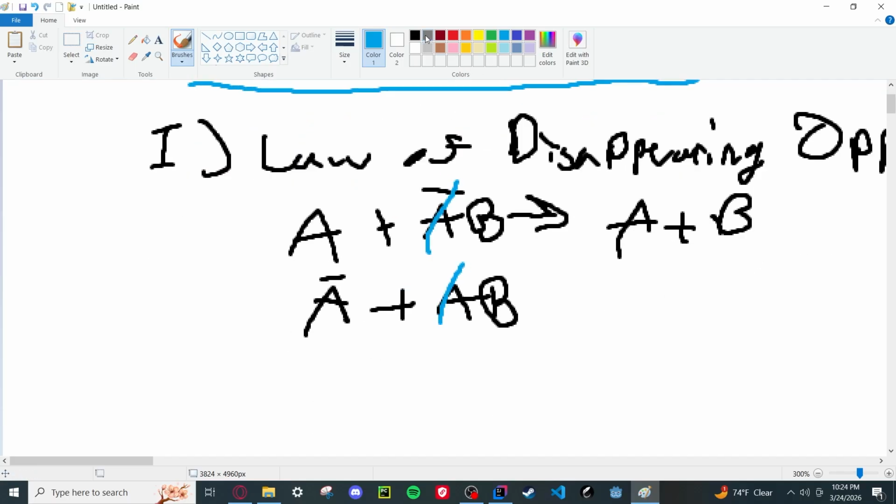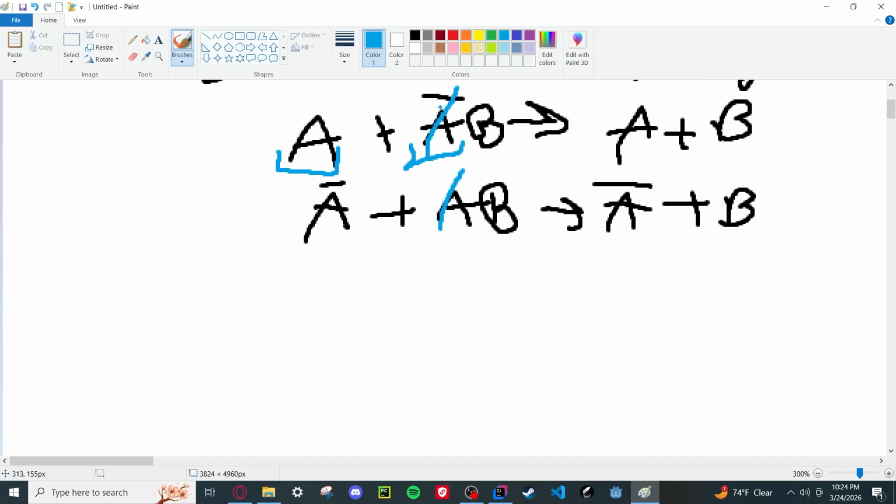So we can silence that and make it disappear, and we get A naught plus B. The key thing to realize with this law is, if the two values are the same, they're both A except one is the opposite of the other, we can just get rid of that opposite value and we will get this. That's the law of the disappearing opposite.